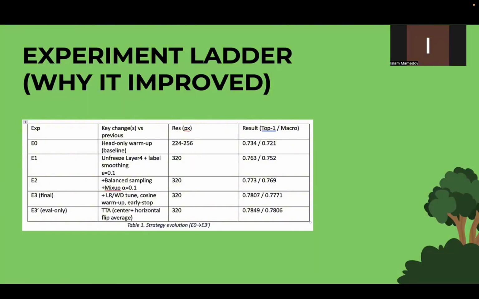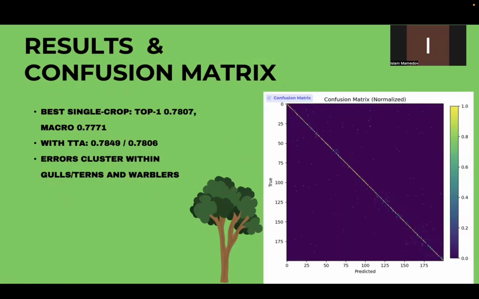Evaluation 3, final LR and WD tune plus early stop, 0.7807 slash 0.7771. Evaluation 3 prime, TTA evaluation only, is 0.7849 slash 0.7806. So the gain mainly comes from high resolution plus controlled unfreezing, with regularization and sampling as polish.